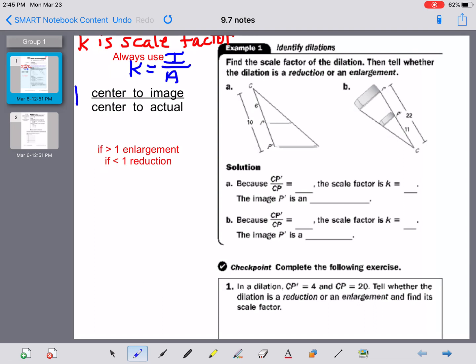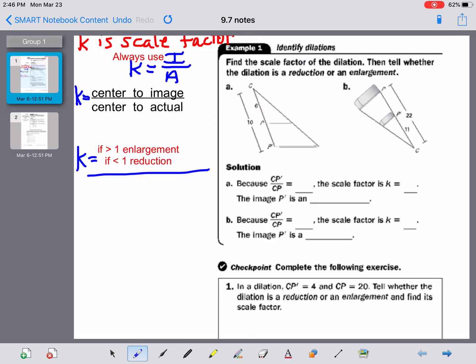Sometimes we need to use this method right here where we find the distance from the center of dilation to the image and the distance from the center of dilation to the actual, and that will give us the same scale factor as a length that came from the image or a length that came from the actual. Also, if you recall from 6.7, if k is greater than 1, then you have an enlargement. If your scale factor k is smaller than 1, you have a reduction.